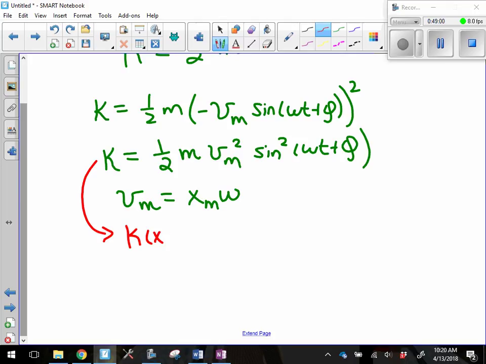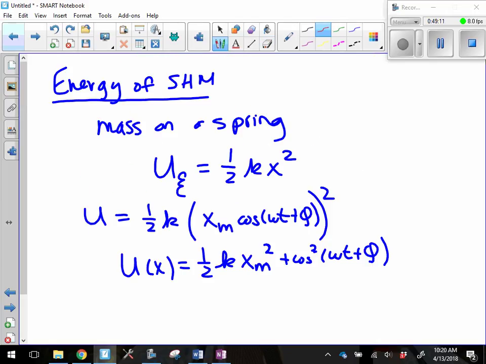So now my kinetic energy, which is also a function not of position but of time. Oh no, did I do that? This should be U of t. Fix that. It's not U of x, it's U of t. Somebody will have to help Casey fix your notes later.